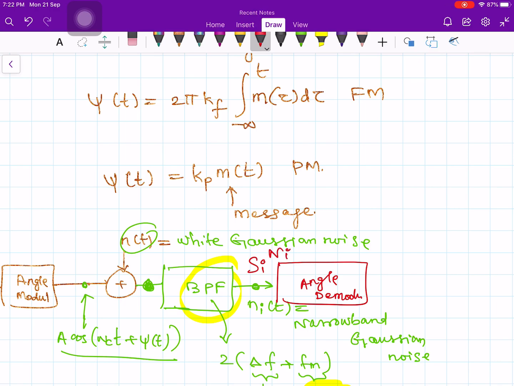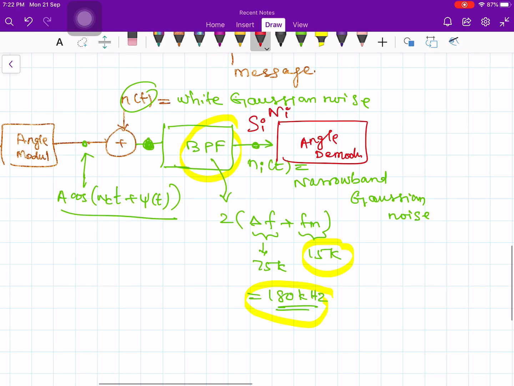So at the input of the angle demodulator, what do we have?